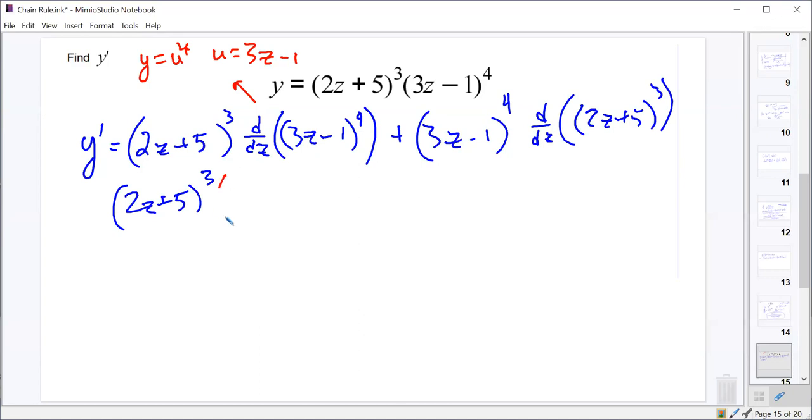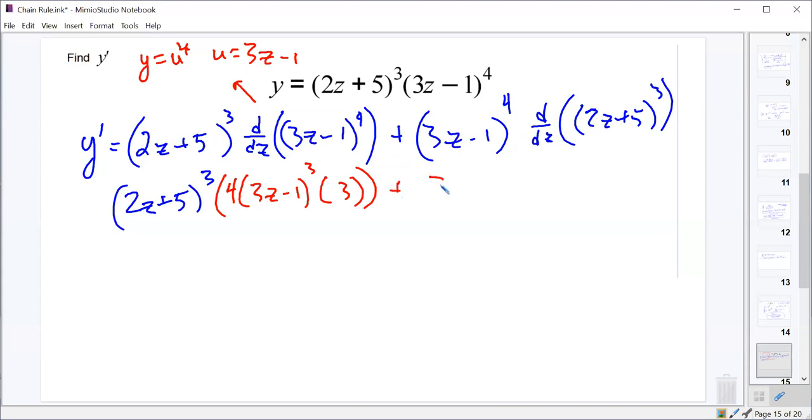So what's that going to give us? 4u cubed, so 4 times 3z minus 1 cubed, times the derivative of u, which is 3. Everybody good with that?